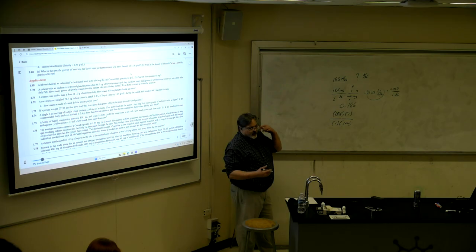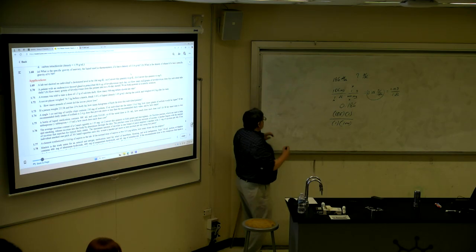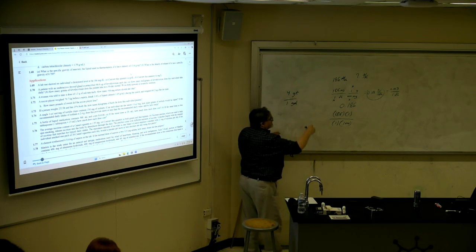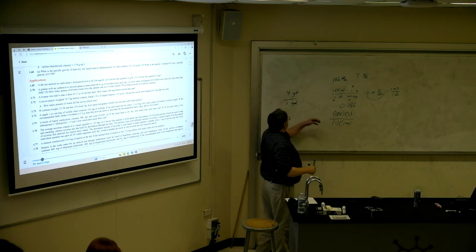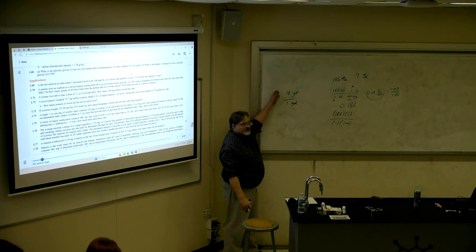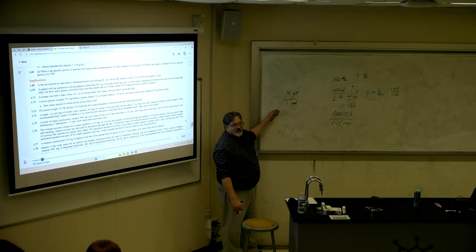English to English or standard to standard, whatever you want to call it, like 4 quarts to a gallon. So metric to metric, top and bottom are exact. English to English or standard to standard, those are also exact.